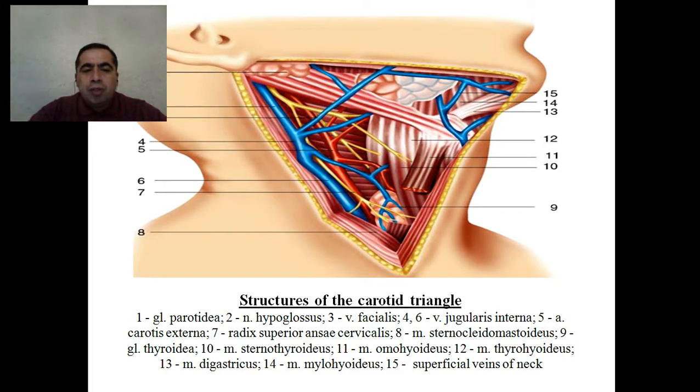I want to direct your attention to structures like number 11, the omohyoid muscle, which forms the border of the carotid triangle after crossing the sternocleidomastoid muscle. The superior belly of this muscle forms the border of the carotid triangle, and 15 shows the superficial veins of the neck.